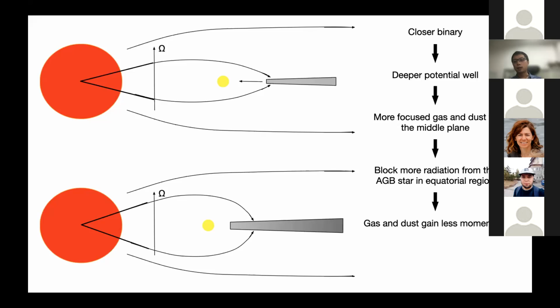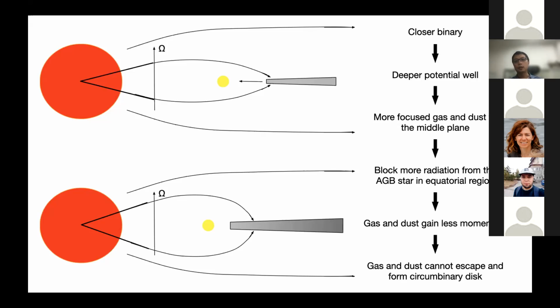The gas and dust gain less radiation pressure, or less of the momentum the photons carry from the AGB star, and they cannot move radially out. The gas and dust are just trapped in the middle plane and form a circumbinary disk.